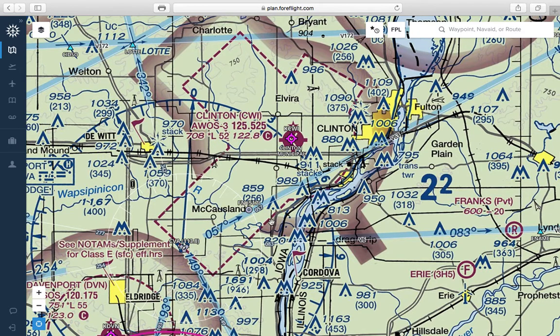Right around here, Gulf extends from the surface to 700 AGL, and then right at this border, inside that magenta dashed line, you've got surface to 17,999. These are for the precision approaches, or basically instrument approaches, to this airport, Clinton. That's why they are shaped like this for these approaches.